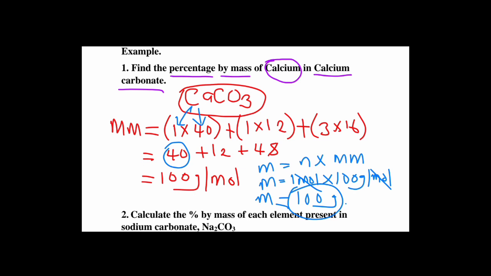When you multiply, we find 40 grams per mole. When we say 40 grams per mole, it means we have 40 grams in 1 mole.